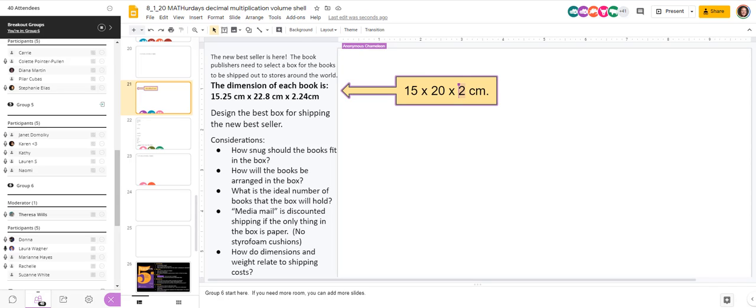So do 15 by 20 by 4. Does that make sense to everybody? Okay. And then if you look at what we left off, we would only have another centimeter and some little extra change in there.